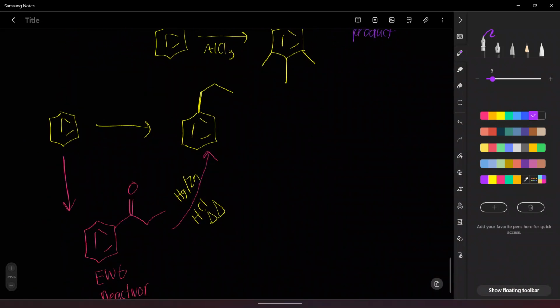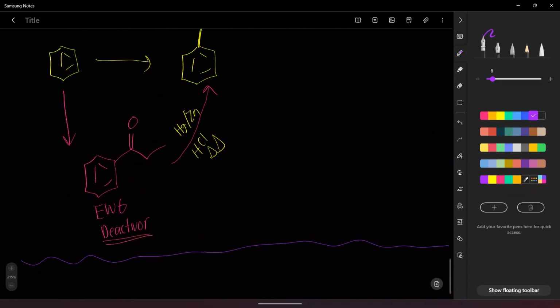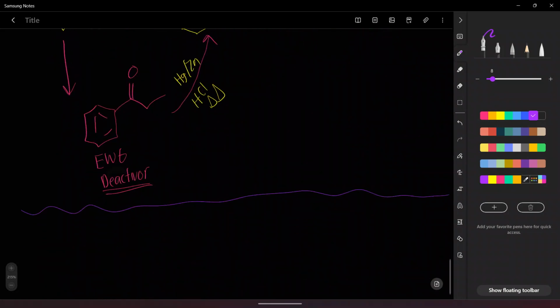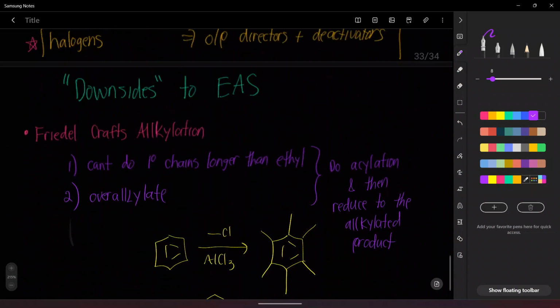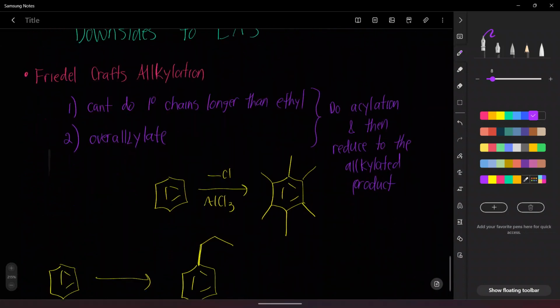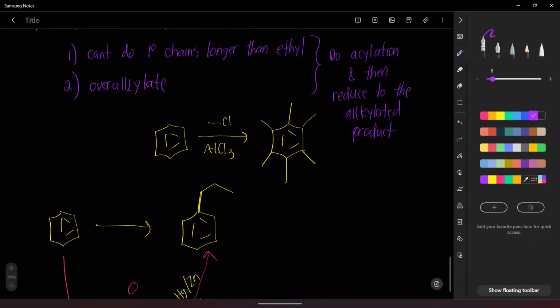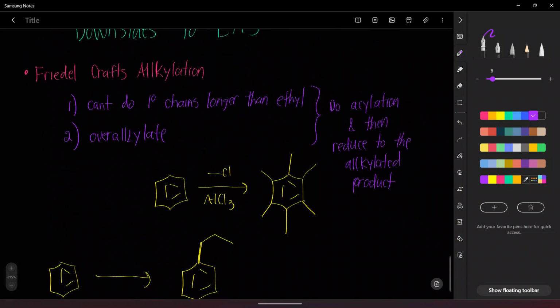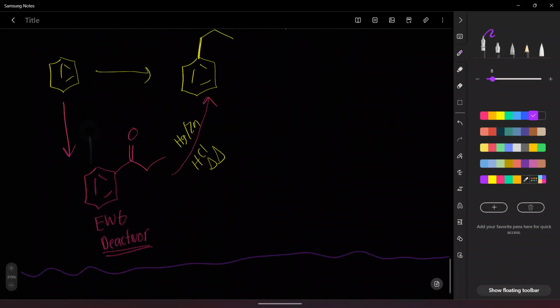If you want to monoalkylate something, monoacylate it first, which is very easy, and then just reduce it. Okay, so that's one of the downsides to EAS, that Friedel-Crafts alkylation will either rearrange or it'll over-alkylate, but you can fix both of those problems by acylating it first and then reducing it.